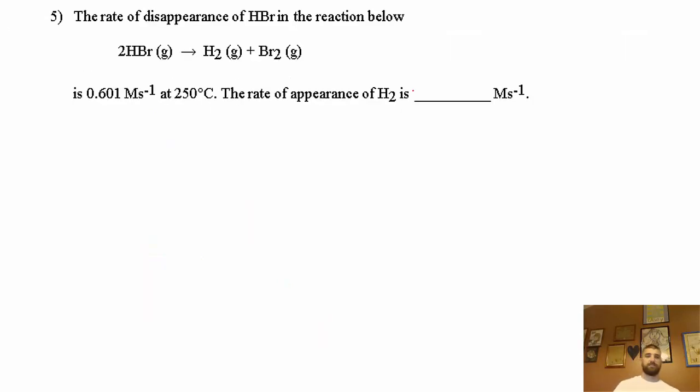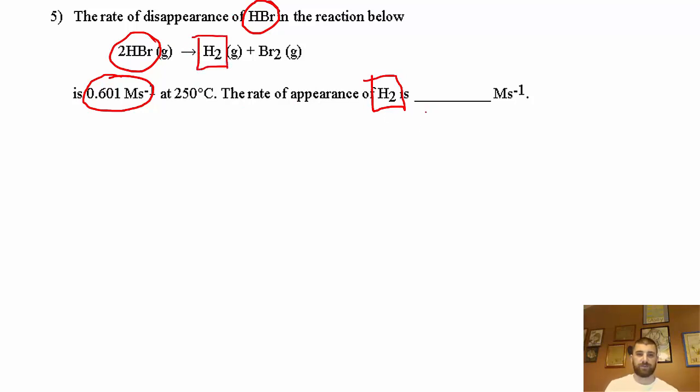Take a look at number 5. Rate of disappearance of HBr in the reaction below. All right, so I always circle whatever they're talking about. Is 0.0601 molar per second at 250 Celsius. The rate of appearance of H2, hey, something new, so I'm going to circle that a different way, is blank. All right, so we've got to look at the coefficients, a 2-to-1 ratio.